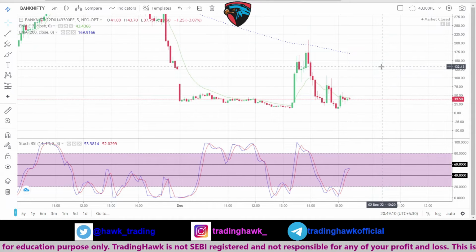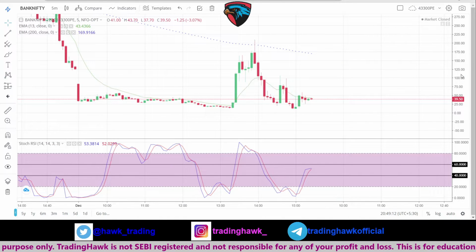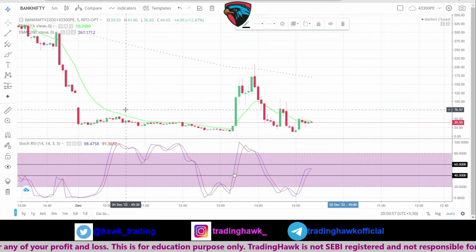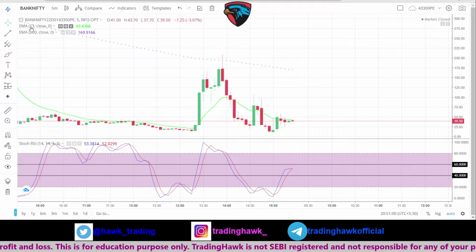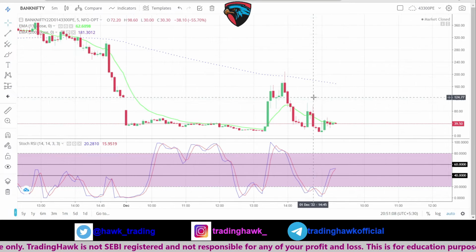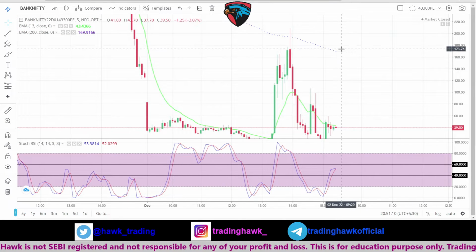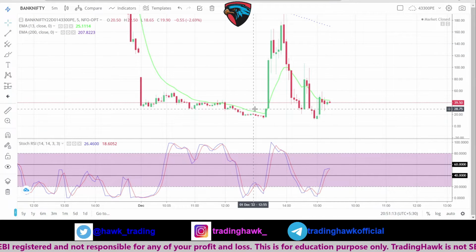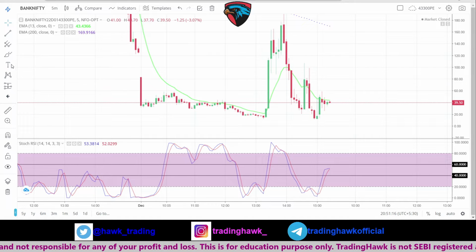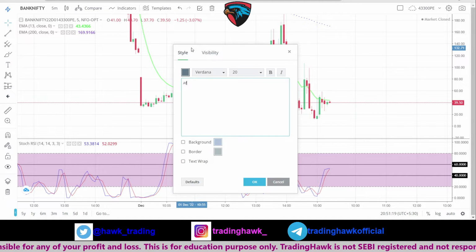So this is our setup. These are simple things we can watch: the 13 exponential moving average, the 200 exponential moving average, and the stochastic RSI. There is no change in other settings. Generally for any hero zero, it is preferred to go mostly after 12:30 p.m.